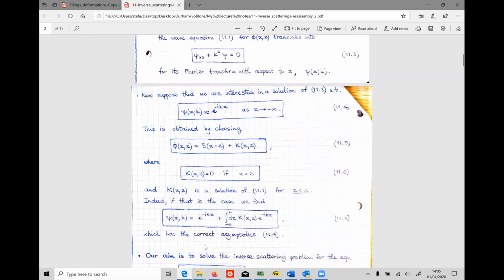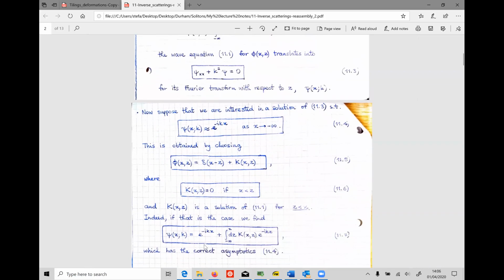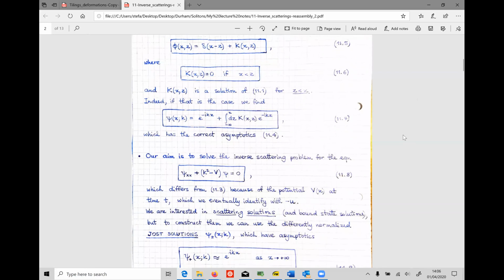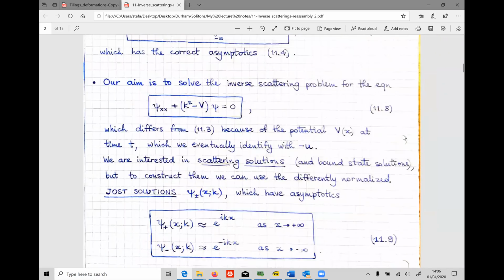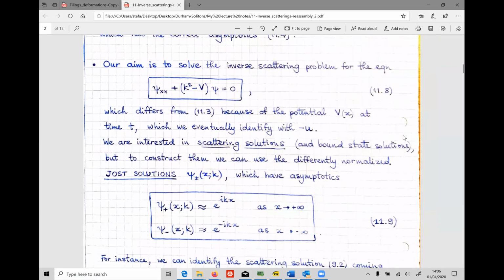So what we're going to do next is to try and adapt some of this logic to the problem that we're interested in, which is a time-independent Schrödinger equation similar to 11.3, but with the difference that now we have a potential. So we want to solve the inverse scattering problem eventually, but we'll get there in a few steps.